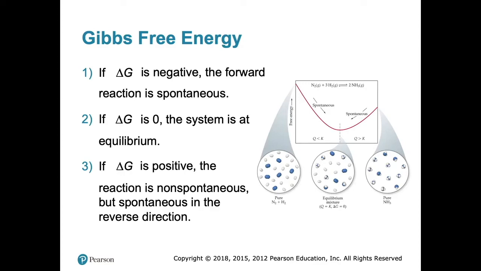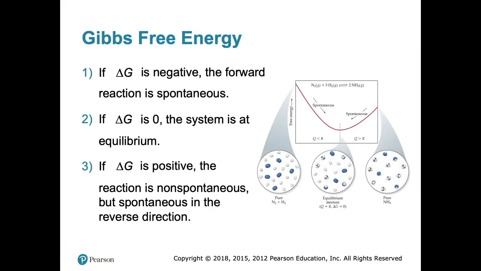Fun stuff, right? So remember, we can start out here where delta G is negative, spontaneous going towards the forward reaction, making ammonia. But this way it's going backwards, and that's when the delta G is positive. And here, this is delta G equals 0 at equilibrium. Make sense?